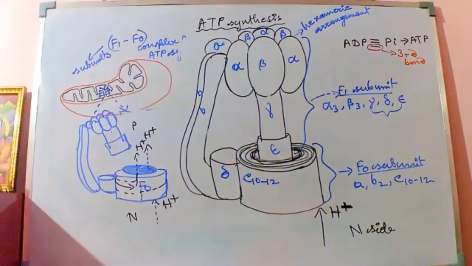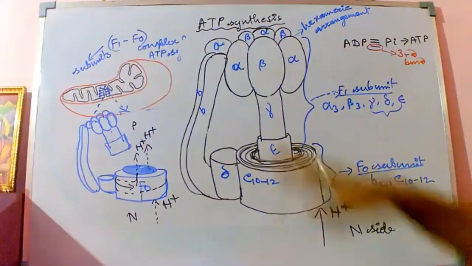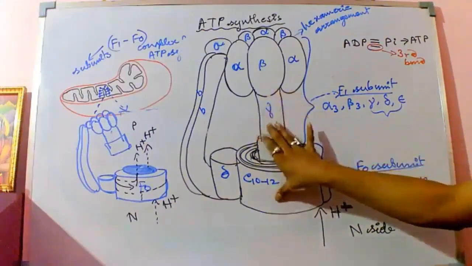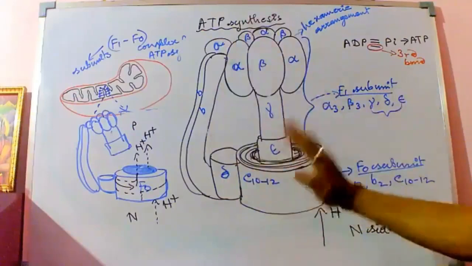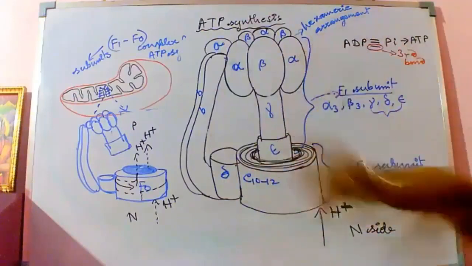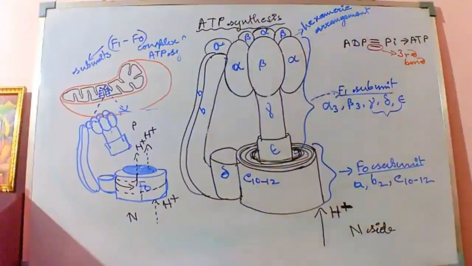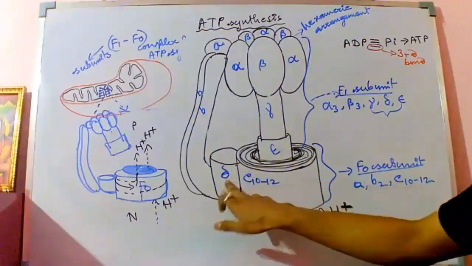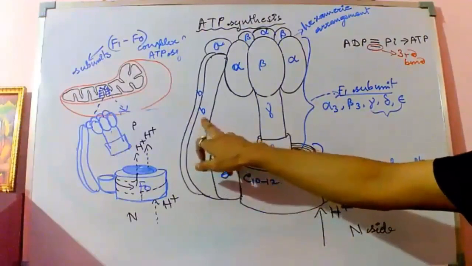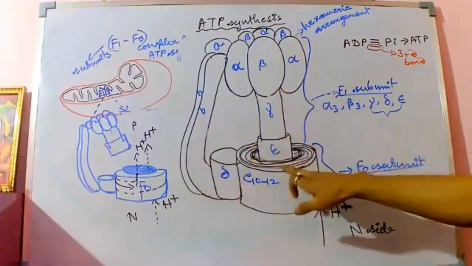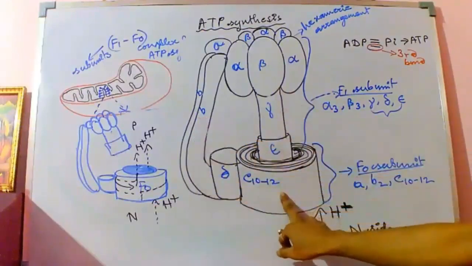So everywhere there is a lock and key type of mechanism in order to attach one part with another part. So that is very mechanical. The ATP synthetase enzyme, this entire enzyme, is very mechanical, because this is a pump. So the delta subunit helps in attaching the B portion of the F0 subunit with the C portion of the F0 subunit.